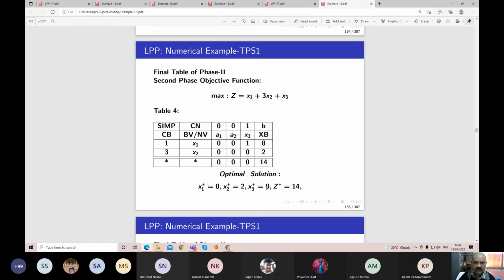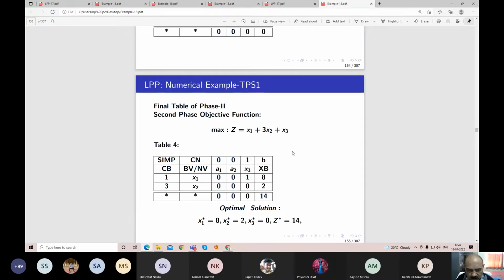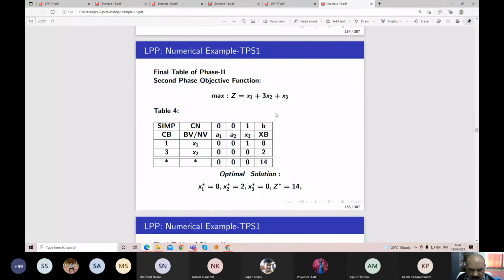Now, in this problem itself, we find that it has an alternate optimal solution. Can you guess what the alternate optimal solution is? If I consider x1 equal to 0, x2 equal to 2, x3 equal to 8, we will find the same objective value.